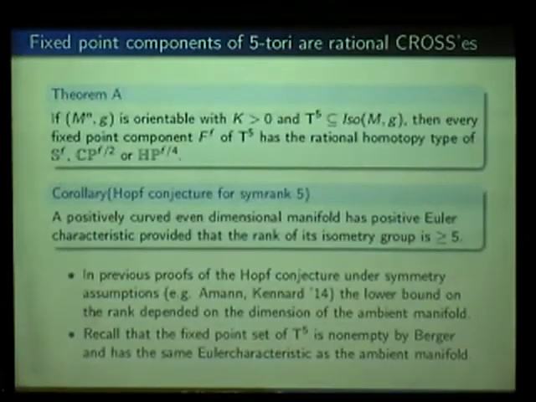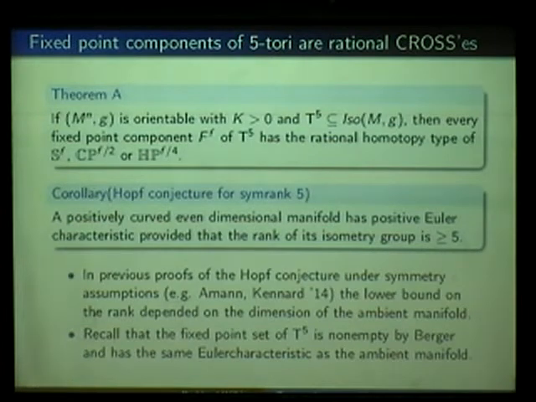Right, so I should say there were previous proofs of the Hopf conjecture under symmetry assumptions, but all previous results depended upon a lower bound on the symmetry rank, which goes to infinity as the dimension goes to infinity, right?